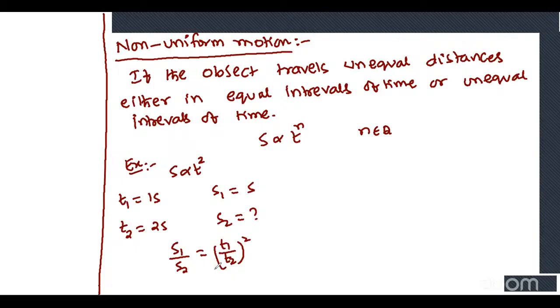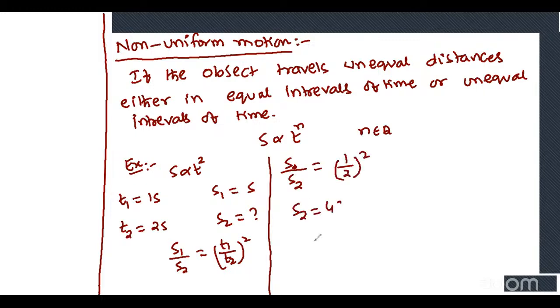Yes, sir. So S by S2 equal to 1 by 2 whole square, that is S2 equal to 4S. That means as time is increased by 2 times, distance is increased by 4 times.